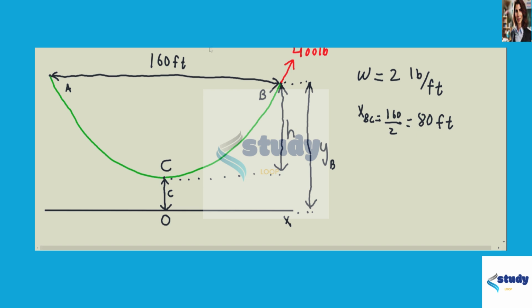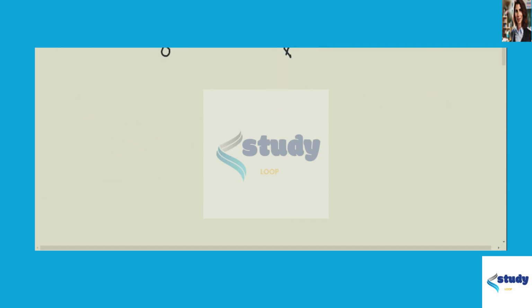So we're going to start this problem by finding what this length is here, y of b, and we can use that value to help us solve for the value of h. So to find y of b, we can use the equation that y of b is going to be equal to the tension divided by the weight per unit length.